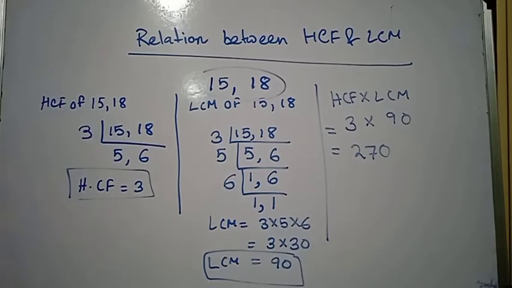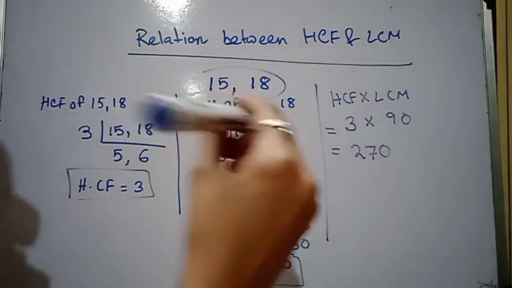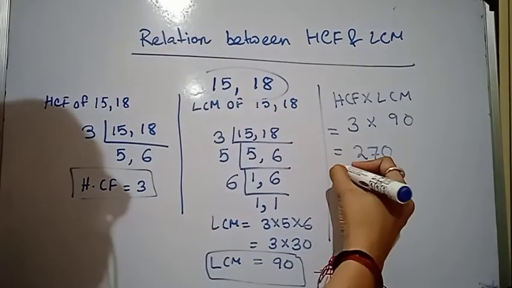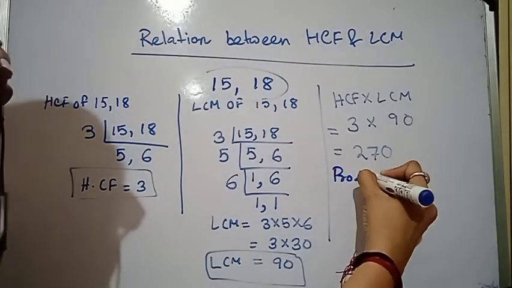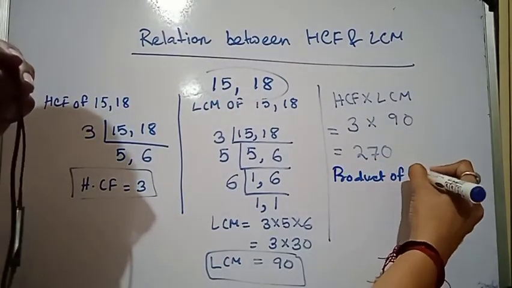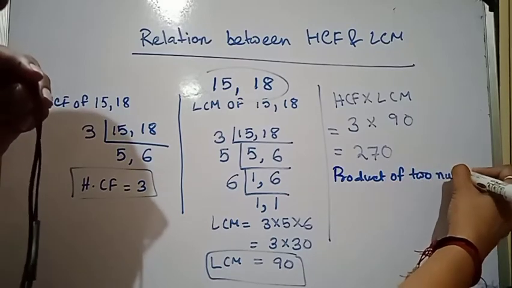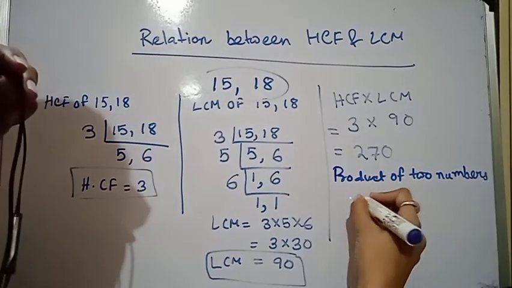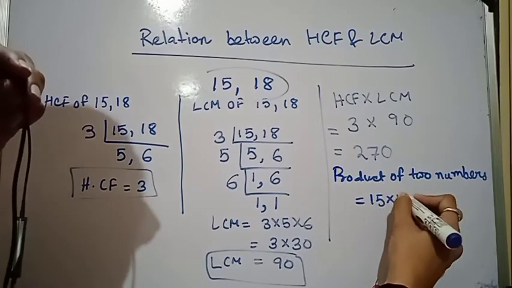So in this section we are going to find the product of the two numbers, that is 15 into 18.